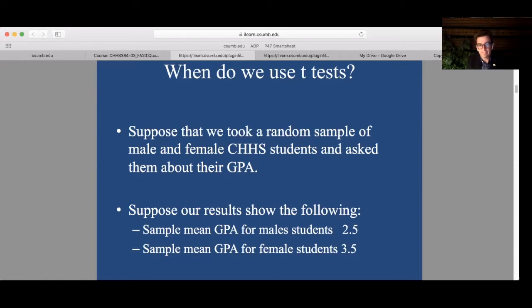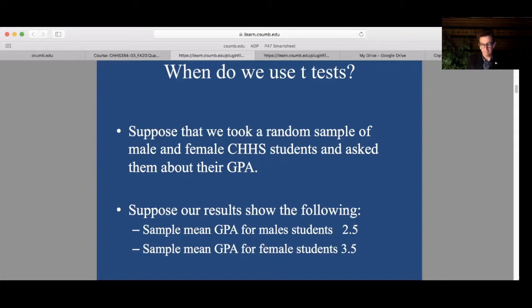In this case, let's suppose the average GPA for male respondents is 2.5, and the average GPA for female students is 3.5. Now, there is a difference in this sample. But we can't really make an inference about the population.